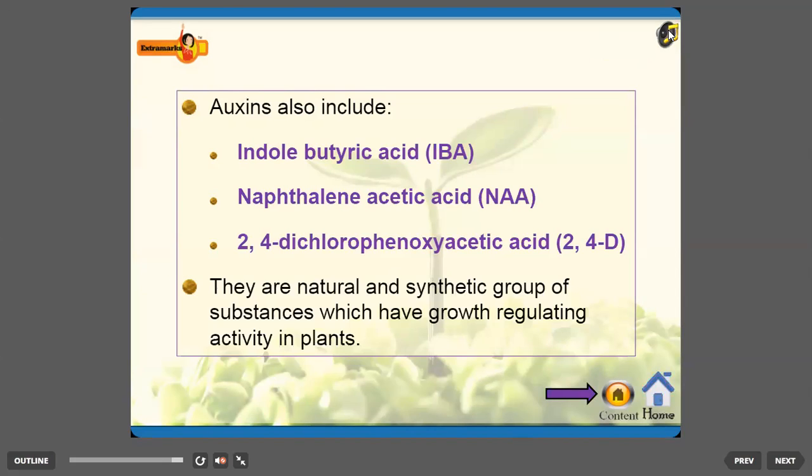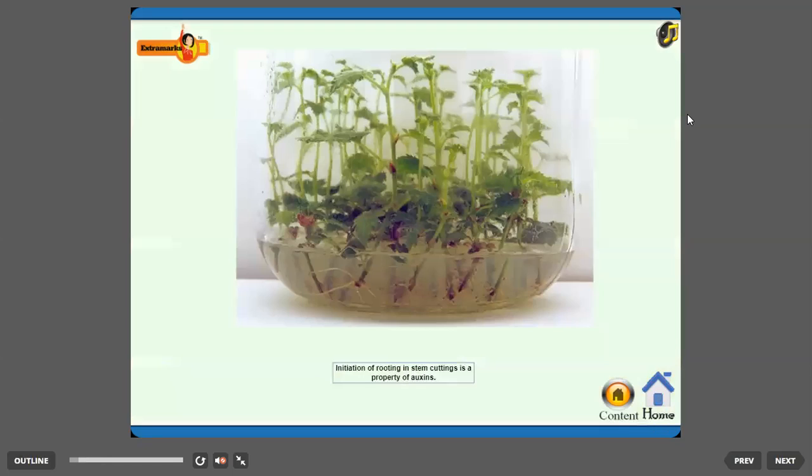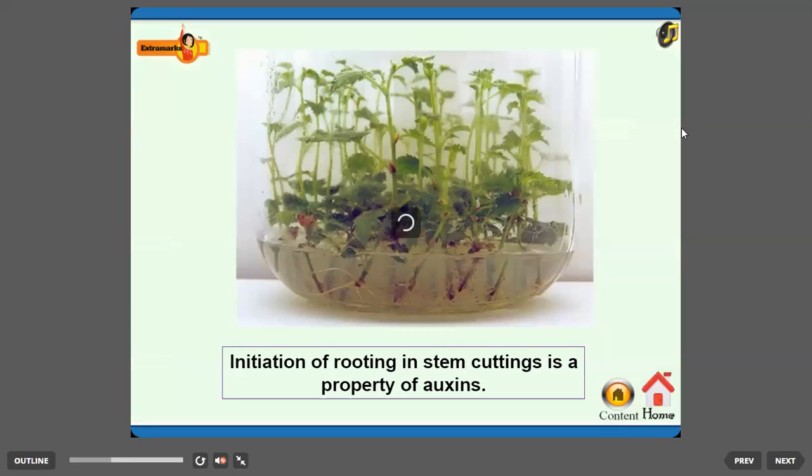So if anybody asks you whether IBA or NAA is included in auxin, your answer will be yes. If the full form is asked, it should be naphthalene acetic acid. Now, initiation of rooting in stem cutting is a property of auxin. Let's see what it's telling.